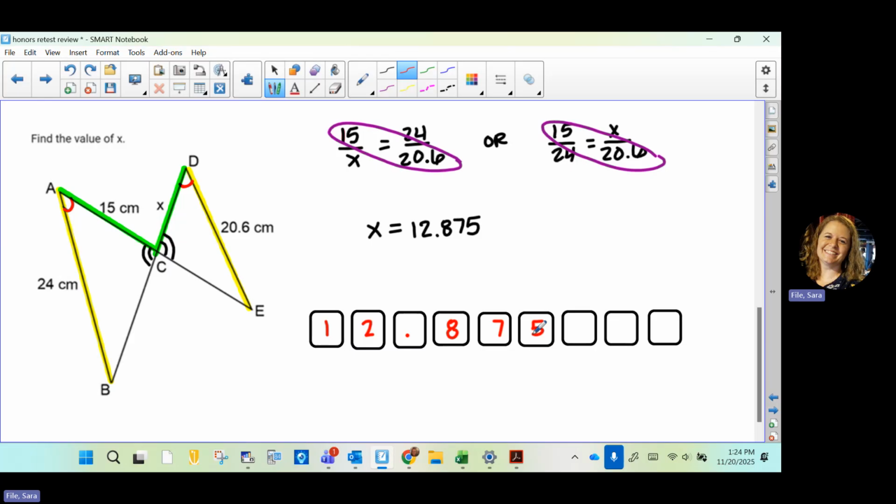That would work. Or I could put it somewhere in the middle and have blank spaces to the left and right. That's correct also. It's not going to count any of these wrong unless you were to do something like this. If you did 12 point and then left some space and did it like this, that's wrong. Because anything that's blank is filled in with a 0, and you're putting your 8 in your 100th spot instead of your 10th spot. You understand the difference?